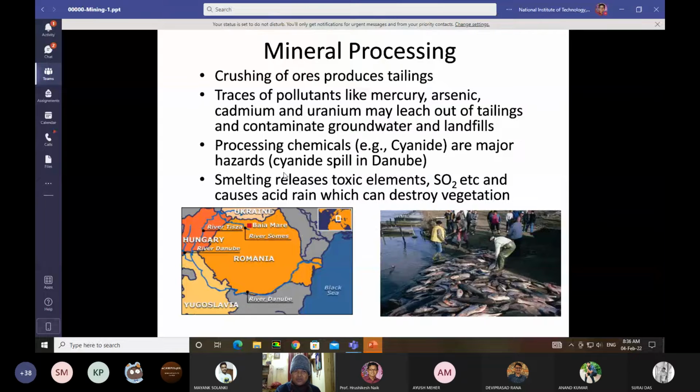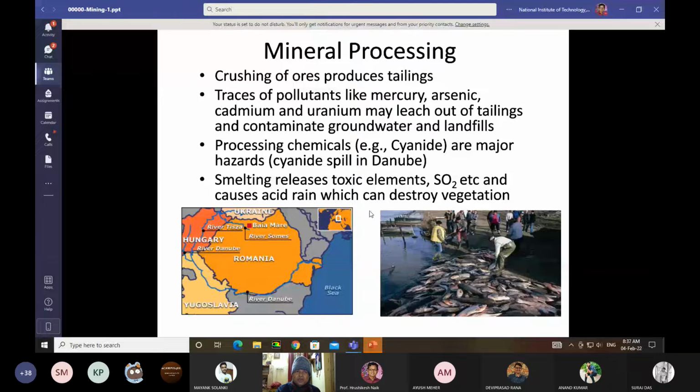Smelting plants also release toxic elements like sulfur dioxide, and cause acid rain. If sulfur dioxide is emitted to the atmosphere in the rainy season, water will come in contact with sulfur dioxide and acid rain will be there, which can destroy the vegetation. So these are the adverse effects of mining on the environment.